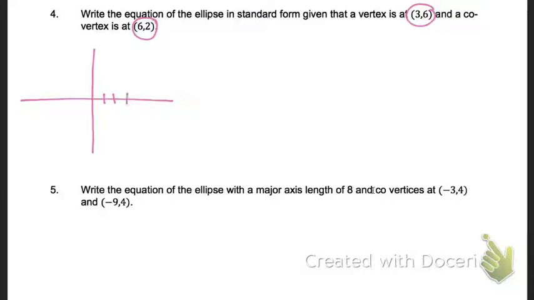1, 2, 3, 4. I think it's all in the first quadrant. So I have a vertex at (3, 6). So here, (3, 6), and a co-vertex at (6, 2). So 1, 2, 3, 4, 5, 6.